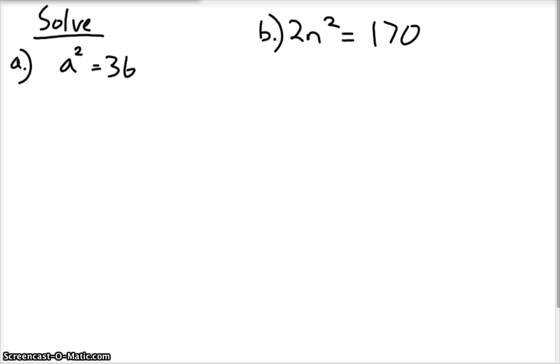So to find the answer to A, we are actually going to square root both sides. So now this cancels out because square root is the opposite. So we're left with A, and the square root of 36 would be 6. So our answer would be 6. However, could that be our only answer? Could it possibly be something else?